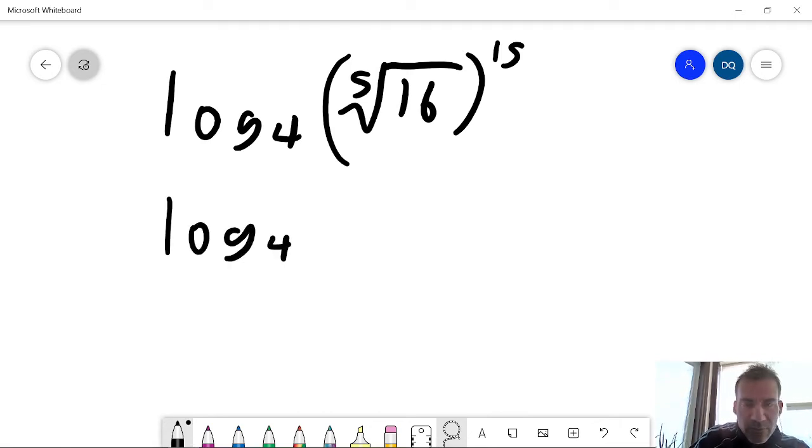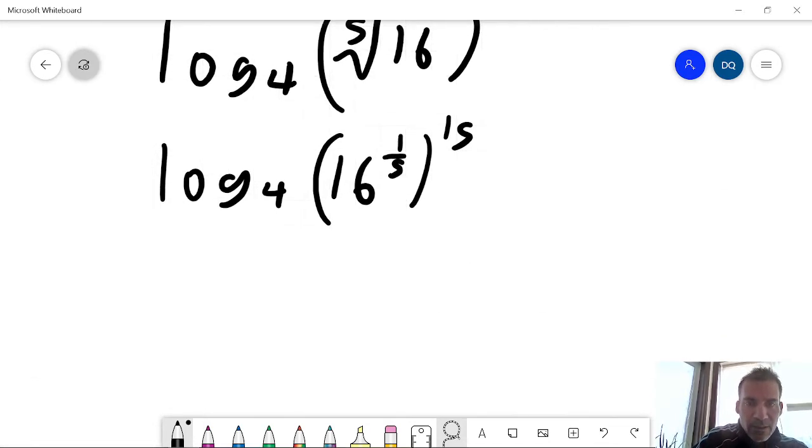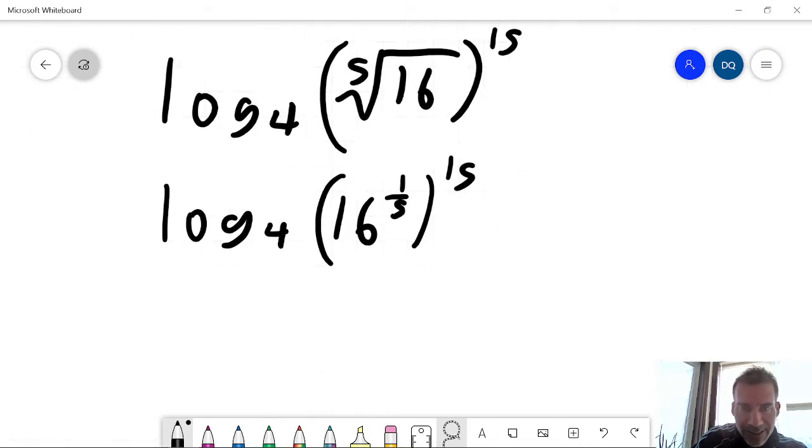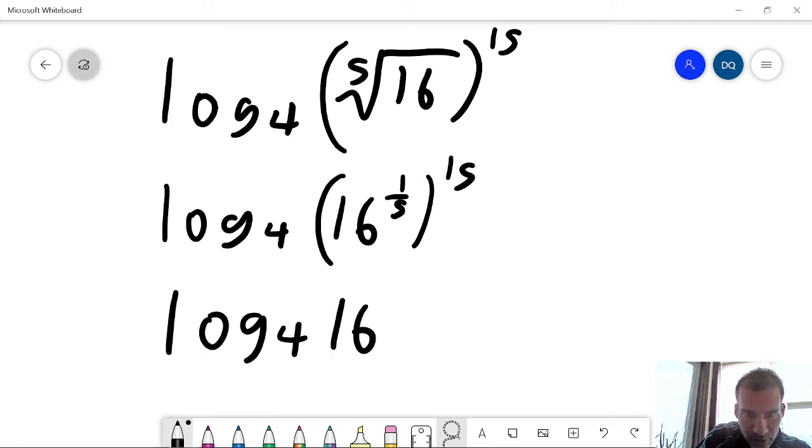This is the base 4 log of the 5th root of 16, which is really 16 to the 1/5. And now when I'm finding the power of a power, so if I take a power and raise it to yet another exponent, I multiply the exponents together. Again, review your exponent laws if that's not perfectly clear. So this should be 16 to the 15 over 5.